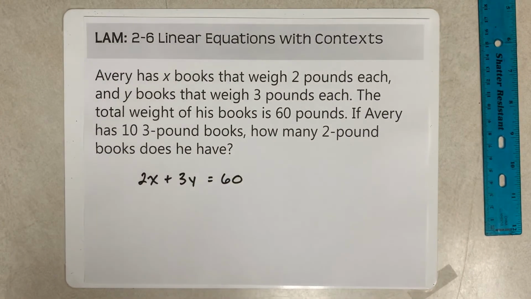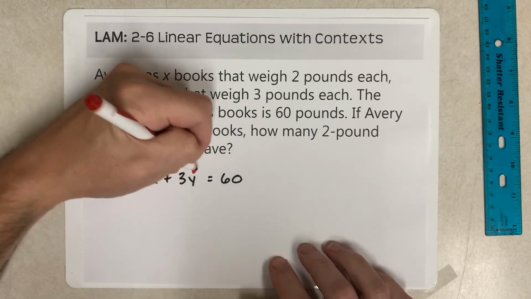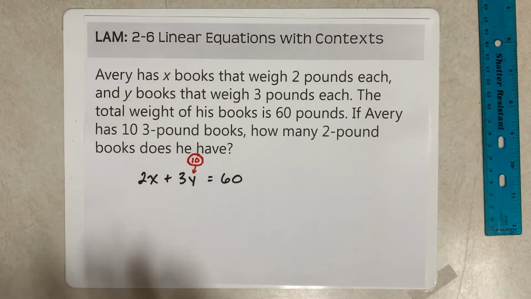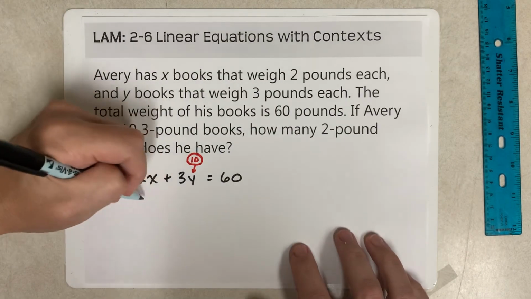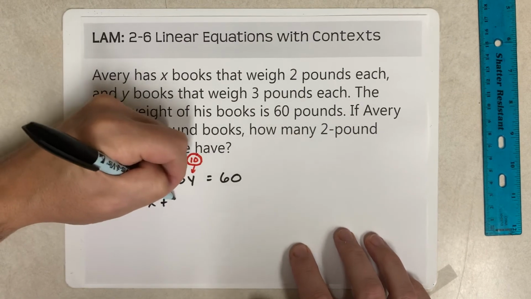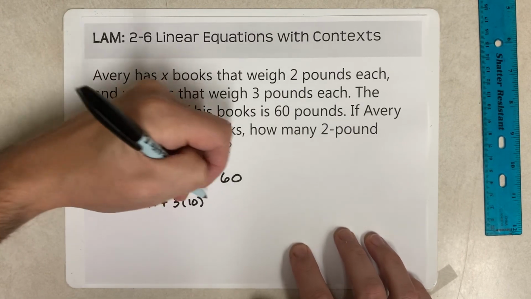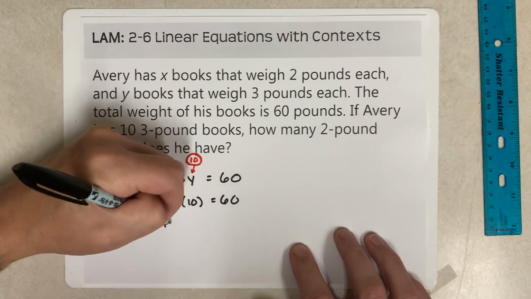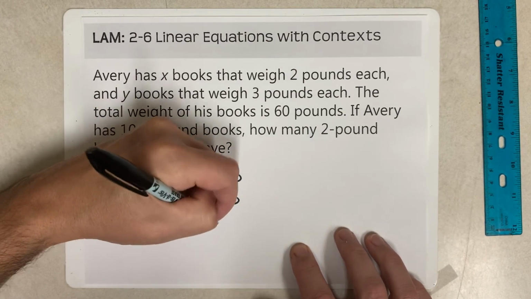It's saying he's got 10 3-pound books, and so that's Y. And so we're going to have to plug a 10 in right there for that Y. So we're going to get 2X plus 3 times 10 equals 60. So 2X plus 30 equals 60.